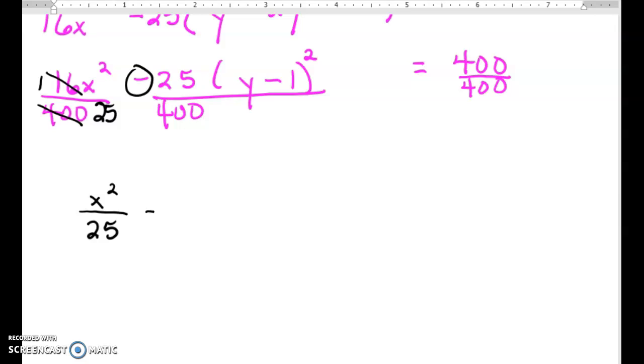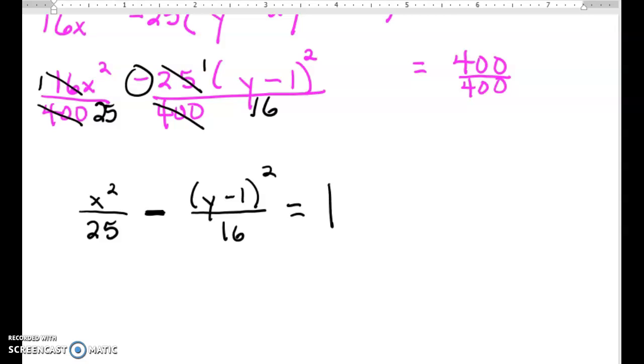This becomes the minus sign between the two fractions. 25 goes into 25 once. 25 goes into 400 16 times. So we end up with y minus 1 squared over 16 is equal to 400 over 400 is 1. Ellipses and hyperbolas are always equal to 1.